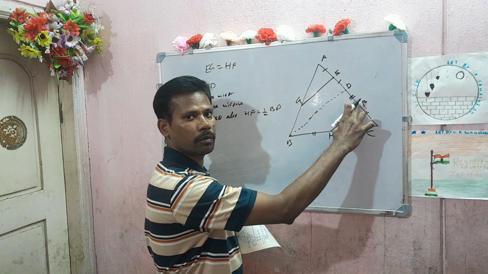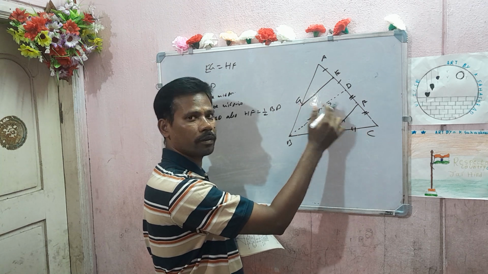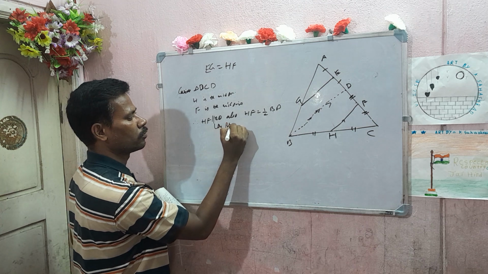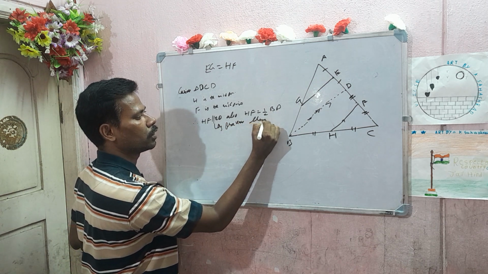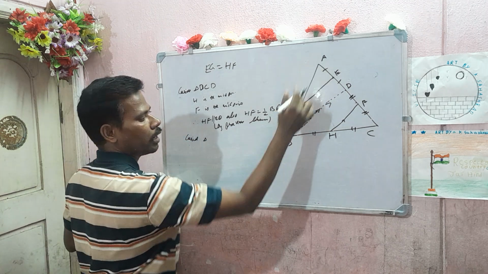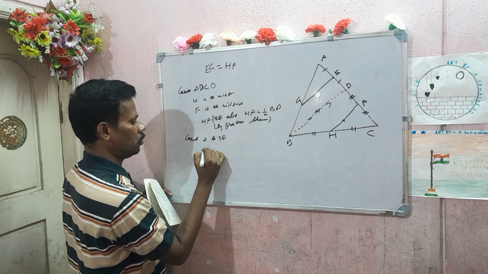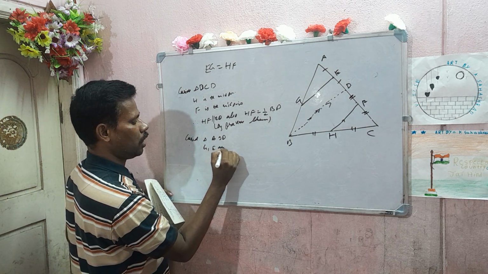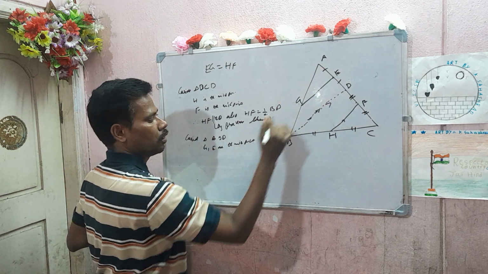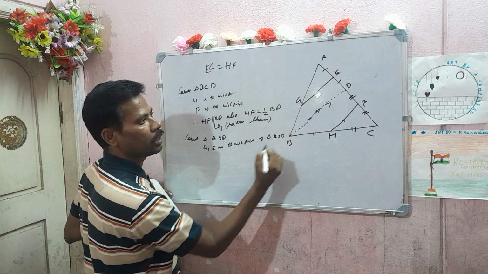That means HF is equal to half of BD by the previous theorem. Next, consider triangle ABD. Now G and E are the midpoints of the sides of triangle ABD.